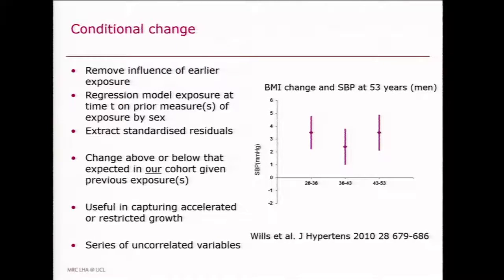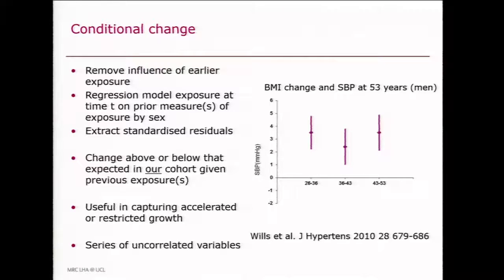This gives you the change above or below that expected in your given cohort, given previous exposures. This is useful in capturing accelerated or restricted growth in particular. And this is an example where we've used it looking at BMI change and blood pressure at 53.